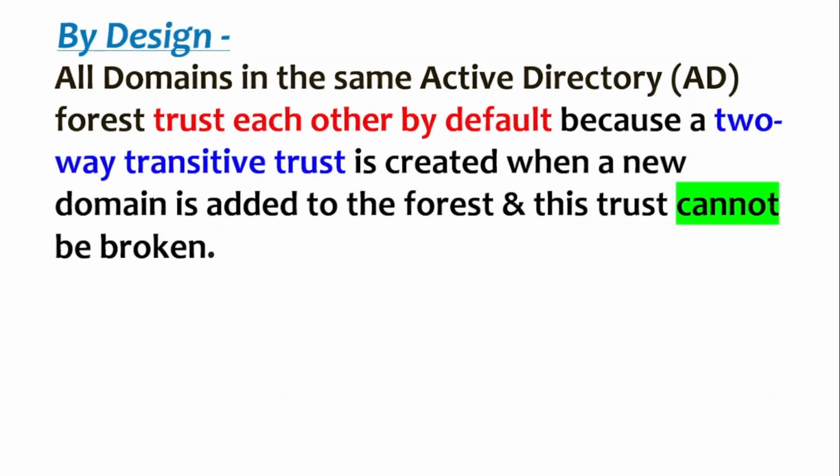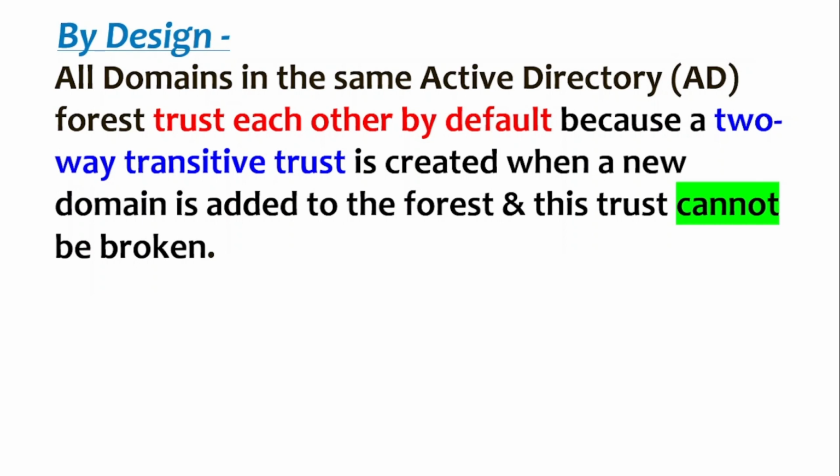By design, all the domains in the same Active Directory forest trust each other by default, because a two-way transitive trust is created when a new domain is added to the forest, and this trust cannot be broken.